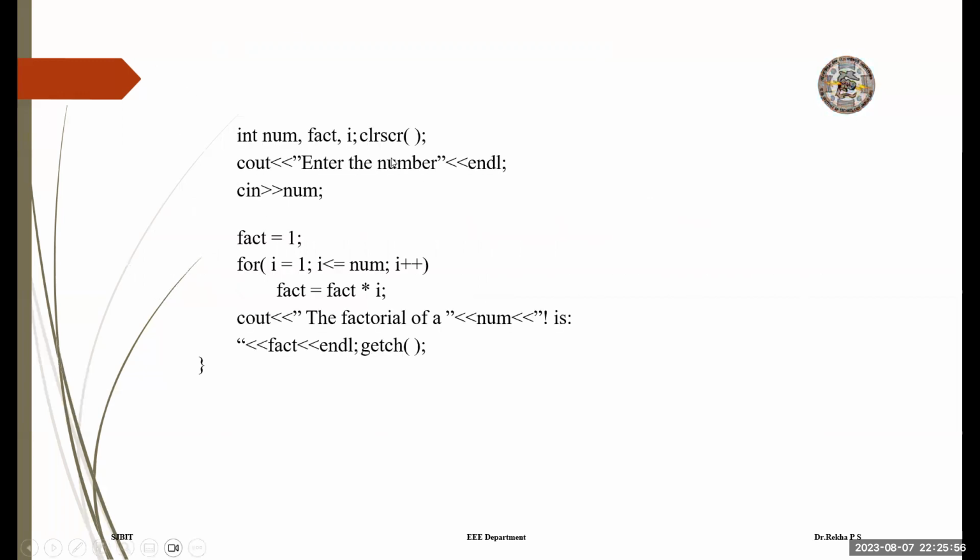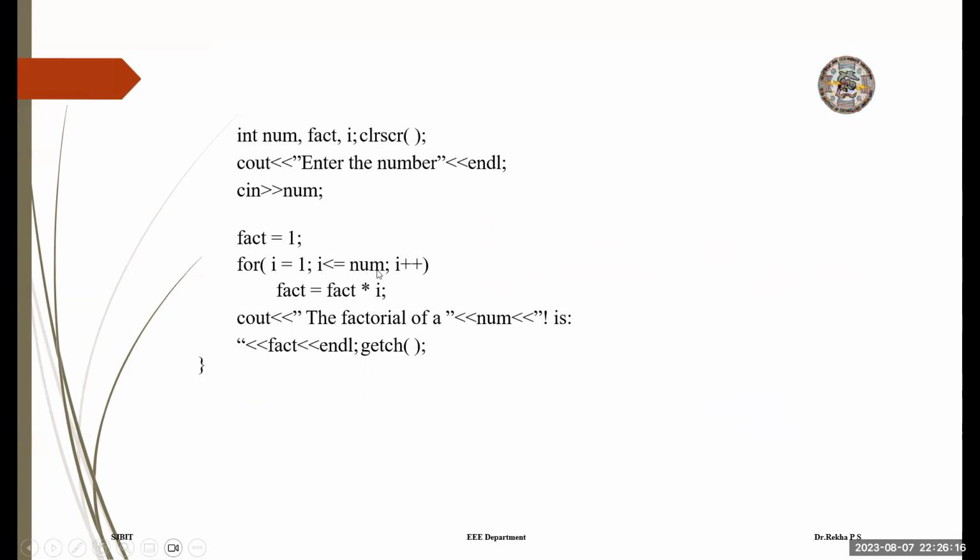You can see here, I'm asking the user to enter the number and reading that in the variable num. First, I'll initialize the fact variable to 1. Then for I is equal to 1, I have initialized I value to 1. I'm checking for the condition.